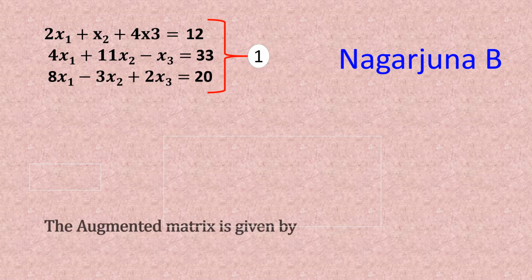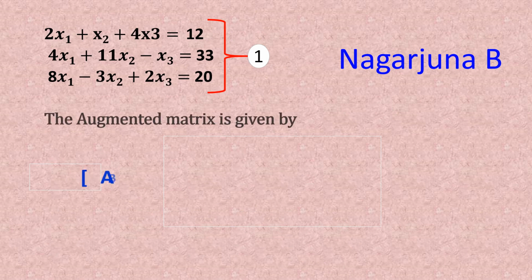The augmented matrix is given by A colon B equivalent to, where A is the coefficient matrix of the given equations and B is the constant matrix of the given equations. So the A matrix will be 2, 1, 4 for the first equation, 4, 11, minus 1 for the second equation, 8, minus 3, 2 for the third equation, and the B matrix will be 12, 33 and 20.